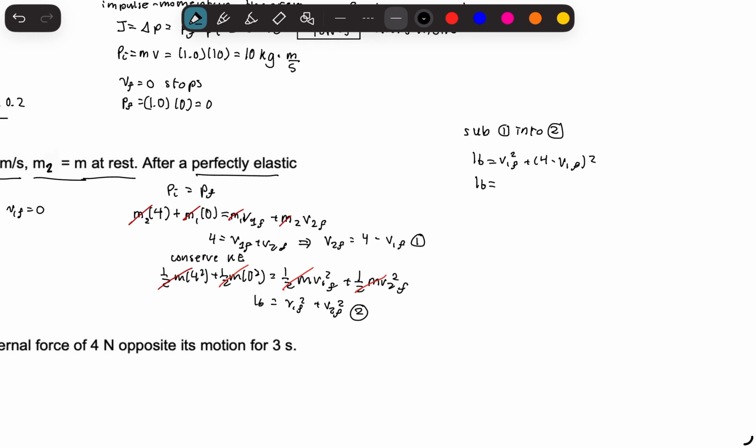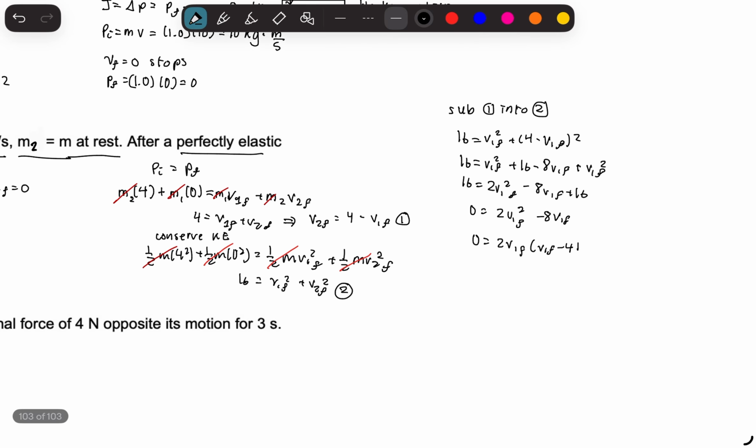This is 16 is equal to v1f squared plus 16 minus 8 v1f plus v1f squared. 16 is equal to 2 v1f squared minus 8 v1f plus 16. 0 is equal to 2 v1f squared minus 8 v1f. 0 is equal to 2 v1f times (v1f minus 4).